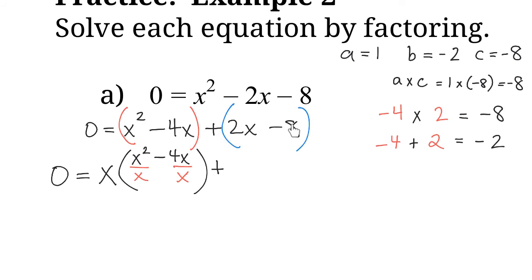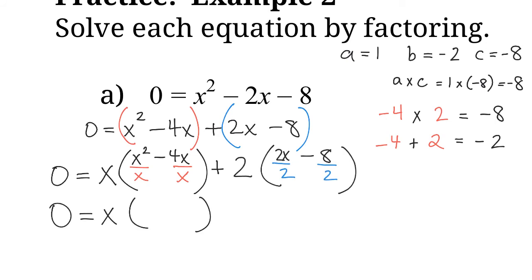However, 2 and 8, well, 2 can go into 2, so 2 is a factor of 2, and 2 is also a factor of 8. So they have a common factor of 2, and then I'm going to open the bracket, I'm going to recopy the expression 2x minus 8, and each of these is going to get divided by 2. So inside my first bracket, I've got x squared divided by x, and that's going to give me x, minus 4x divided by x, that's going to work out to be 4.